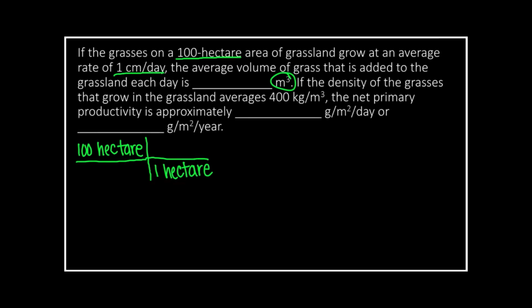Okay, so we know that it's 10,000 meters squared in 1 hectare. So I've gotten rid of that, and I've gotten rid of that. Okay, and I know that my answer needs to be in meters cubed, right? So I need to put this in meters cubed. So I could do a separate conversion for centimeters, but I've already done it to save us some time.